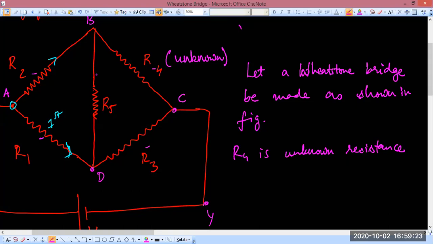What we can do is we can actually put something called a galvanometer here, right? Okay, G is the galvanometer. Whether or not there is a galvanometer, it is still called a Wheatstone bridge. Let me tell you that, right?